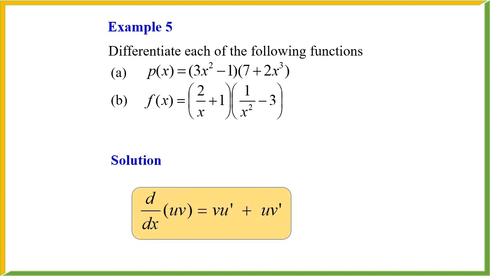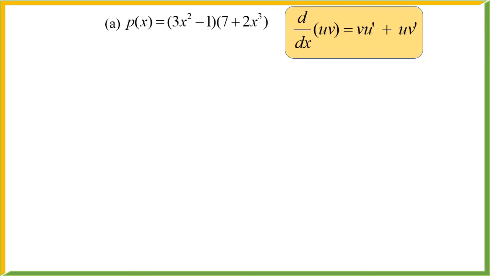So for question A, let's say we separate it into u equal to 3x squared minus 1 and v equal to 7 plus 2x cubed. And then what we need to do is label the u and v and then differentiate u and differentiate v. So differentiate u, what do we get here is this 3, we need to bring it to the front, multiply with the coefficient, 3 multiplied by 2 is 6 and then x power of 2 minus 1 which is equal to x only.